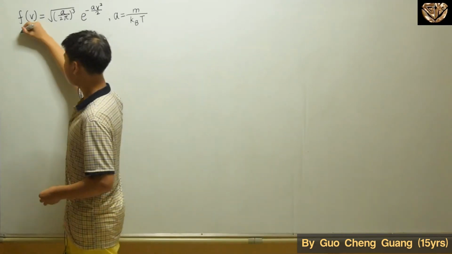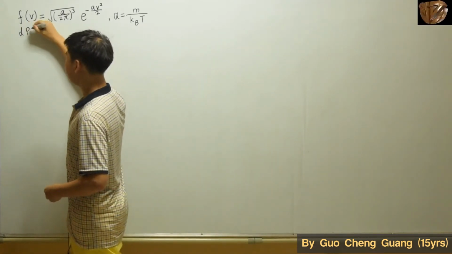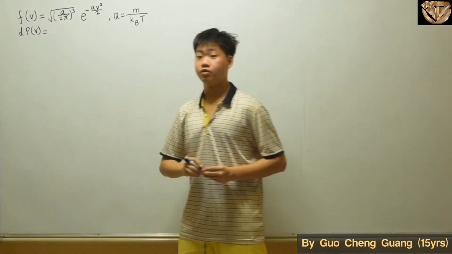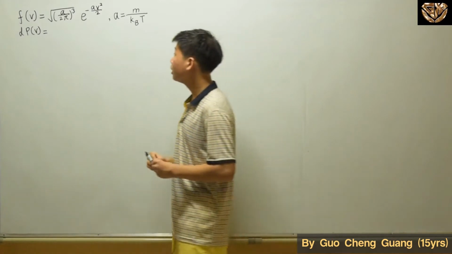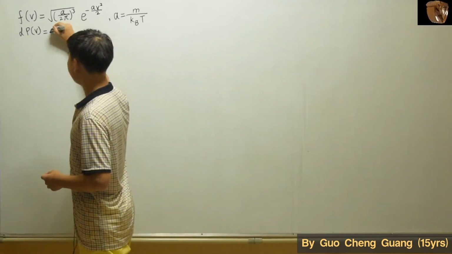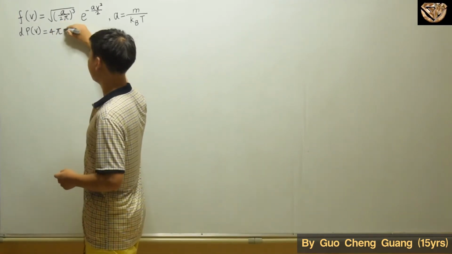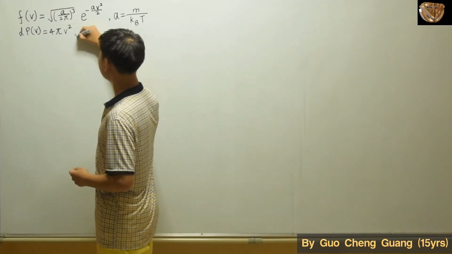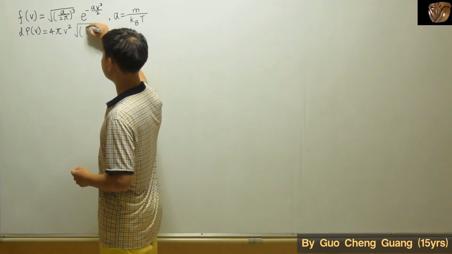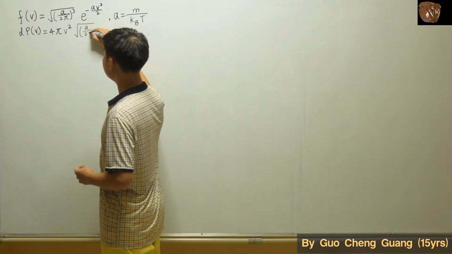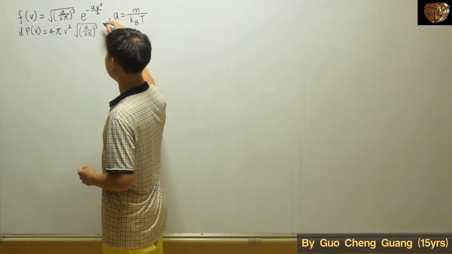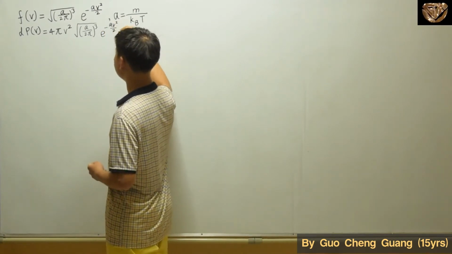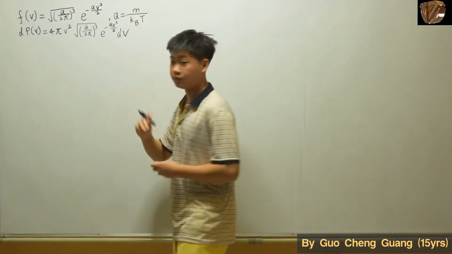Firstly, let's start off with just a probability. How are we going to have this probability? You're going to have 4 pi v squared, then the square root of a over 2 pi cubed, and e to the power negative av squared over 2, and dv.